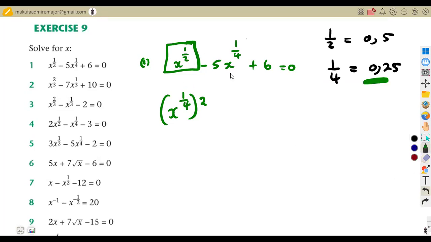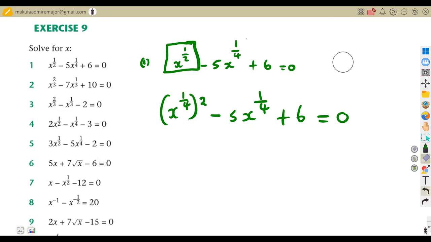Remember, we wanted to write this one in terms of this. So this one is going to remain as it is. The 5x to the exponent of 1/4 is going to remain as it is. But as we can see, we have formed another type of equation, which is referred to as a quadratic equation, because now we have 2 as the highest exponent.